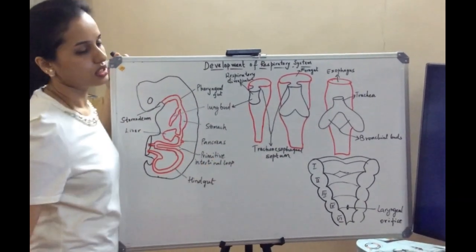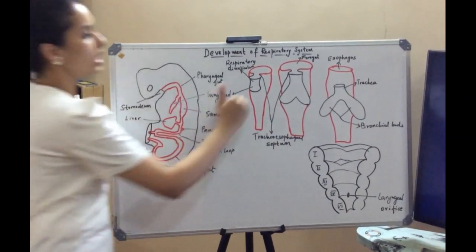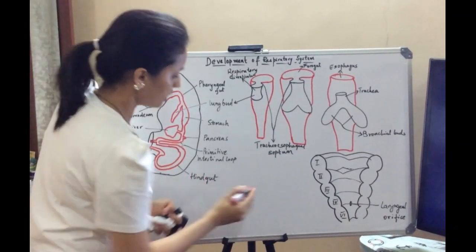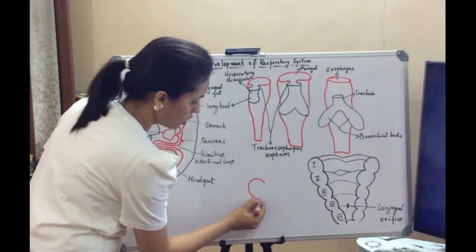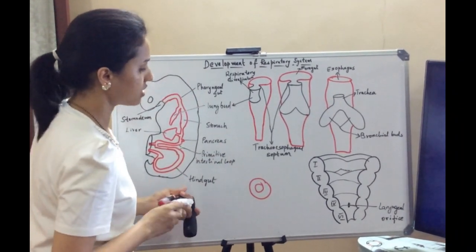So this septum is called as tracheo-esophageal septum. So if you take a cross section here, you can make out like this. So this is the esophagus and this is the lung bud.